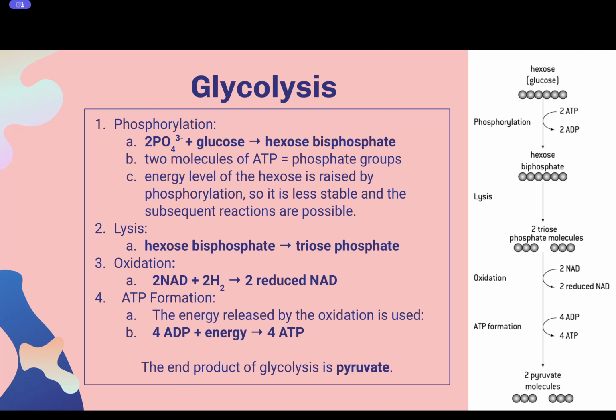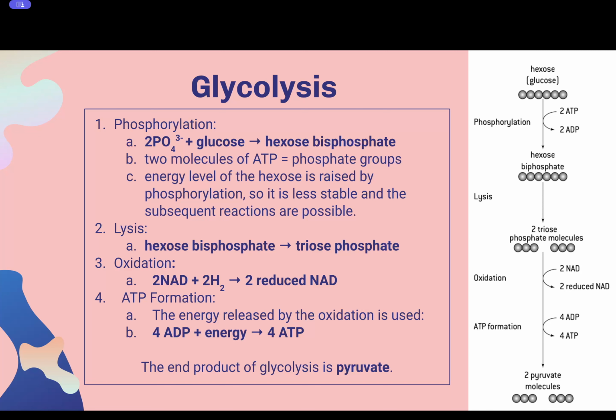I'm going to say hexose for the purposes of this because it's a lot easier to write, and if you think about it logically, since there are 2 phosphates being given to a hexose molecule, it's called hexose biphosphate. In this situation, the two molecules of ATP give the phosphate groups, and the energy level of hexose is raised due to the phosphorylation, which leads to less stability, and then the subsequent reactions are possible.